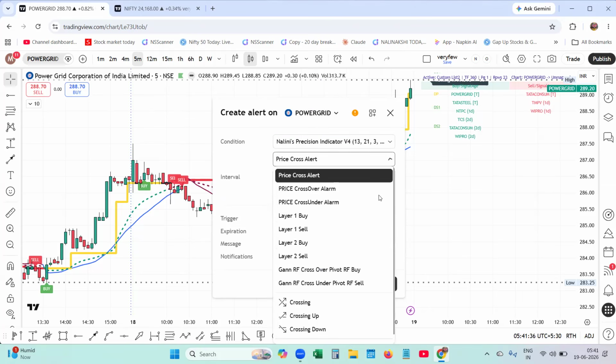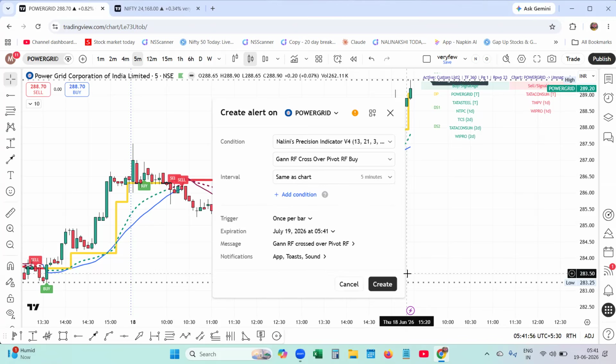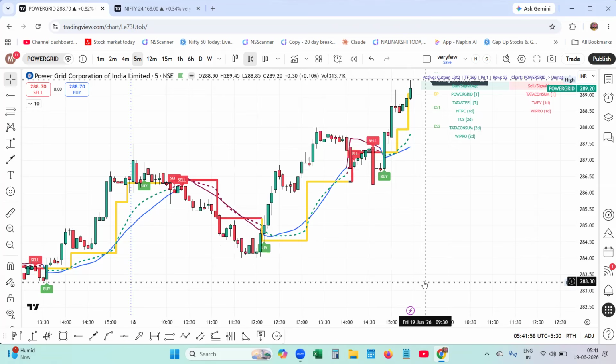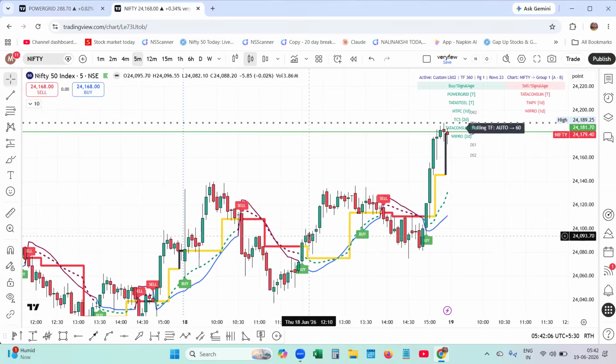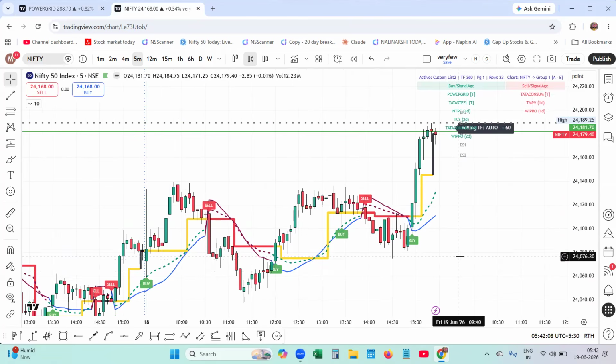And then you select GannRF crossover pivot RF buy, because only because of that condition is the buy signal generated on the chart. You can create the alert and look for that. So if you are working on the Nifty, you can create an alert.